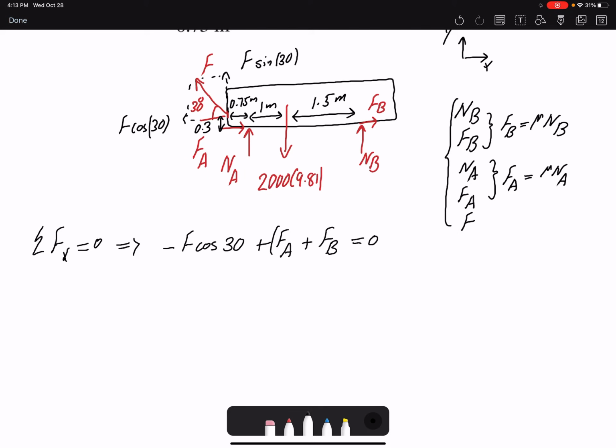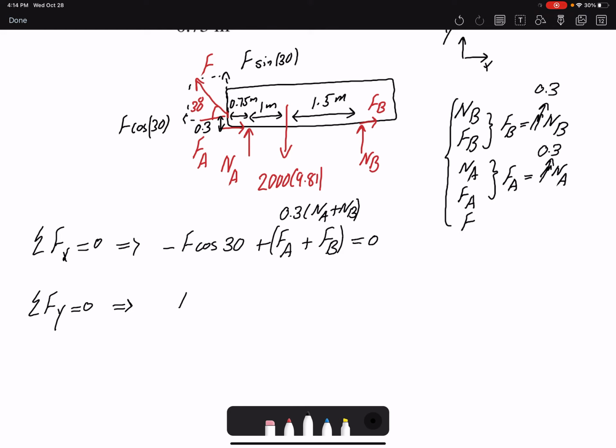Or I could factor these and write 0.3 times (NA plus NB), because FA and FB are simply 0.3 NA and 0.3 NB. The friction coefficient is the same between the tires and the ground. This is the same ground and the same tire. So I have 3 unknowns in this equation, and I can't solve it. I need to write my subsequent equations.